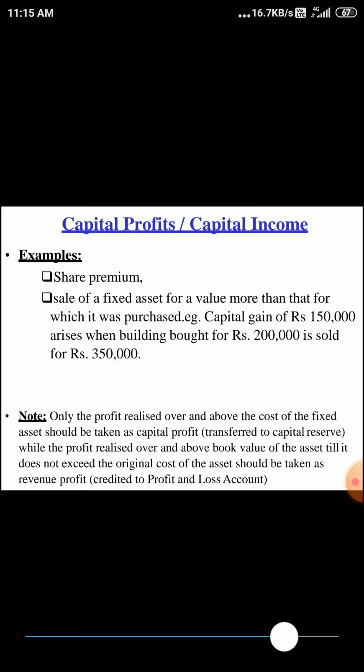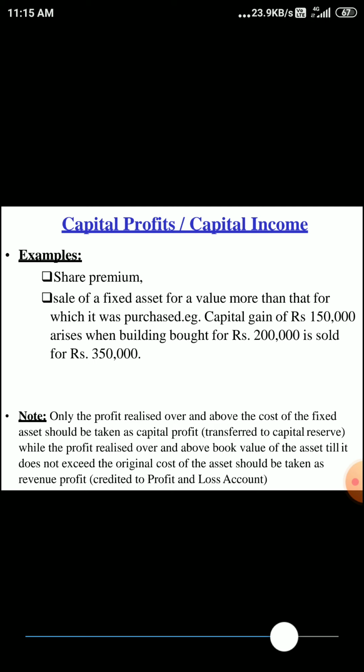Premium will generally be more than the face value of the share, right? Similarly, discount is the third type. The face value of the share is more and you are receiving even less than that. Suppose 100 is the face value, issuing it at 90 rupees. So this is discount. If you are issuing a share at a premium, the extra amount of premium you are getting is called a capital receipt.